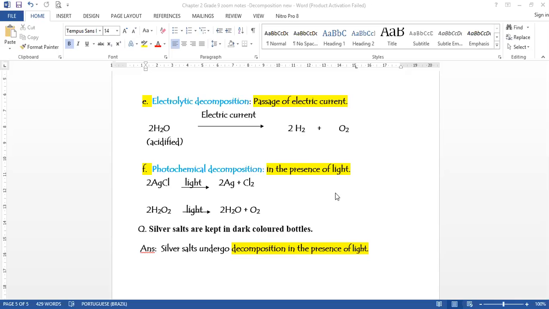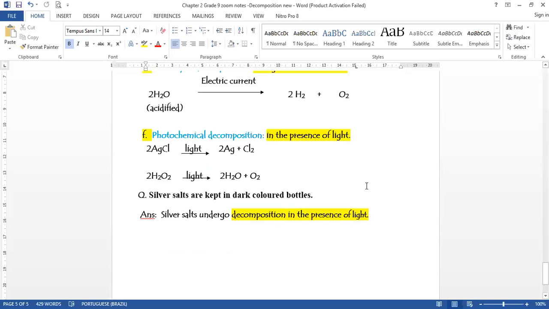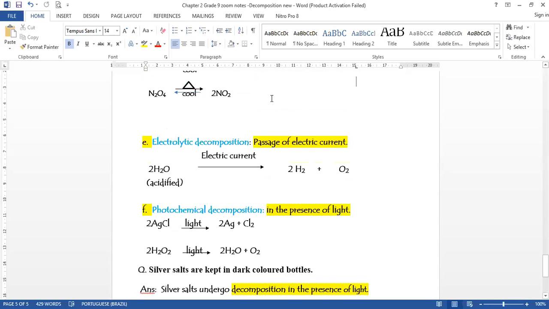If you see any silver salt kept in the labs, it will always be present in a dark colored bottle, for the same reason, that it should not undergo decomposition in the presence of light. So these are the topics to be discussed under decomposition. I hope decomposition is quite clear to you. If you have any doubt in the topic decomposition, raise your hand, we will discuss it and go on to the next topic.